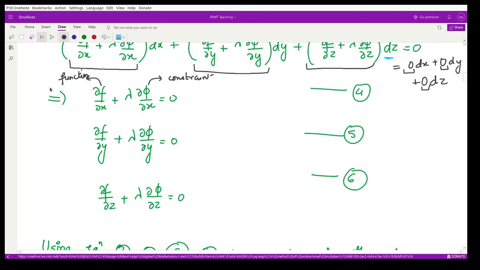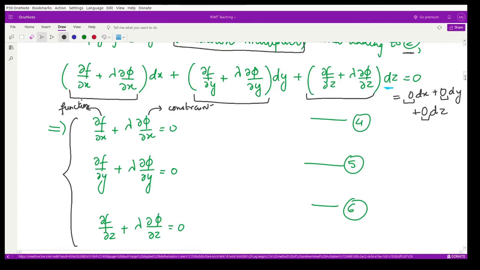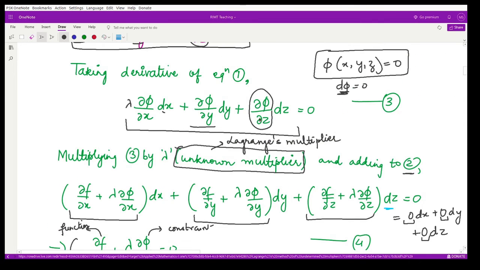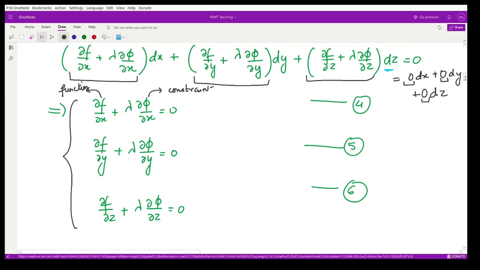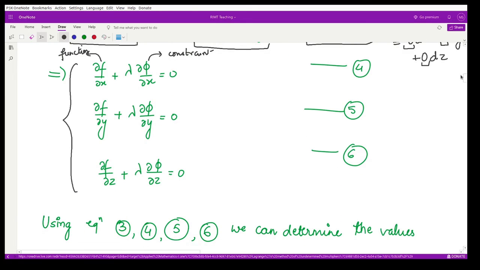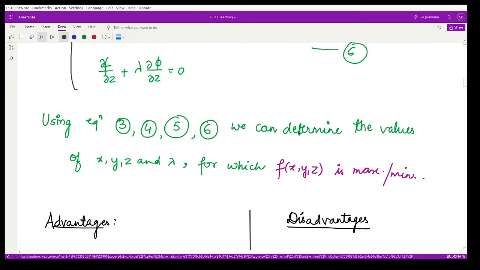So now we can use all these three equations in addition to equation number 3. What was that? Equation 3 was the derivative of the given constraint. So the derivative of the given constraint along with these three conditions can be used to determine all the values of x, y, z as well as lambda, because here in this case we have 4 unknowns and 4 equations.